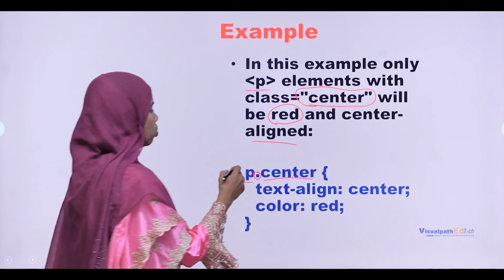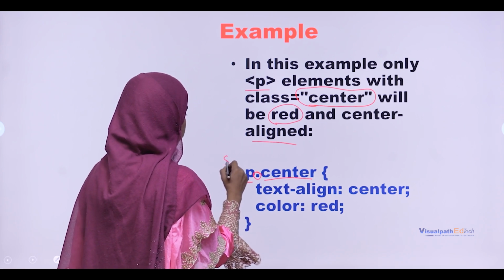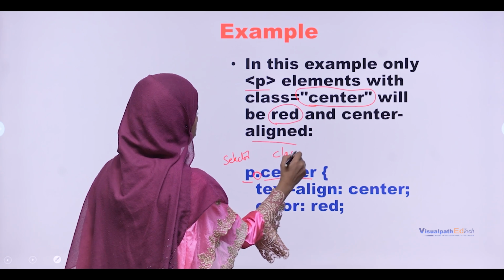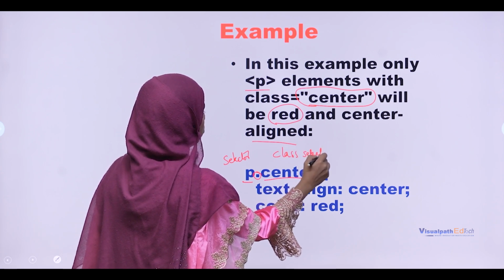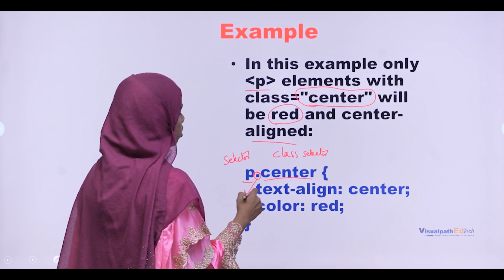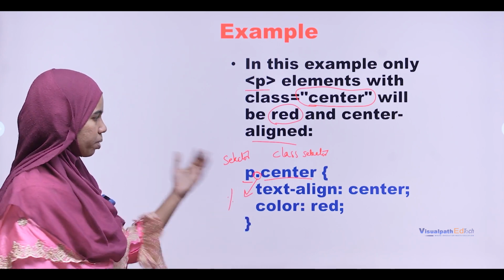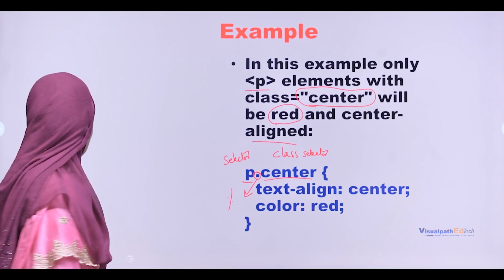You can see here, this is my selector and this is my class selector, right? So when we are combining them together, we are using the dot or the period character there. And then specifically we are adding its own features or styles there.